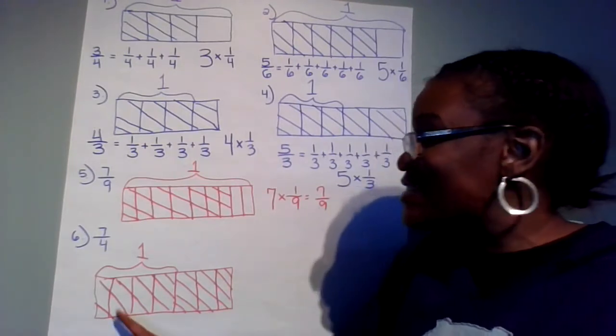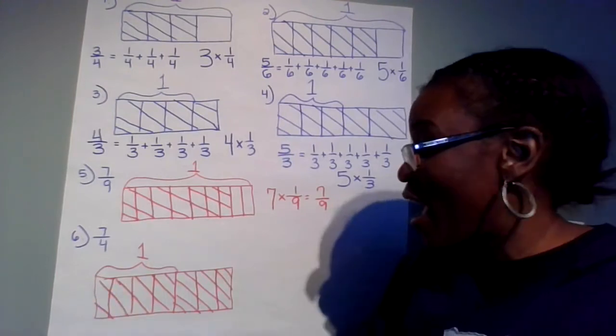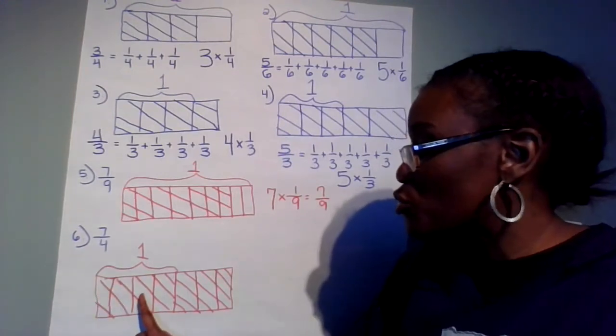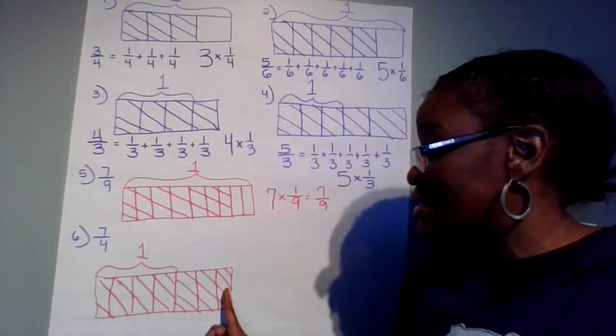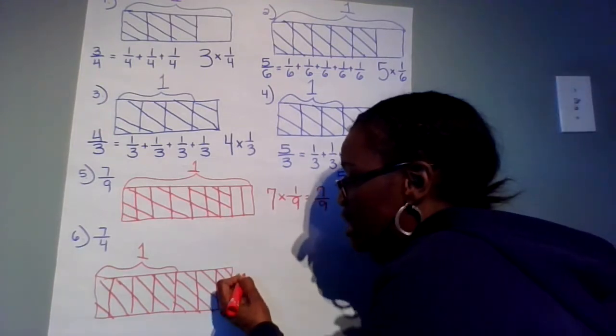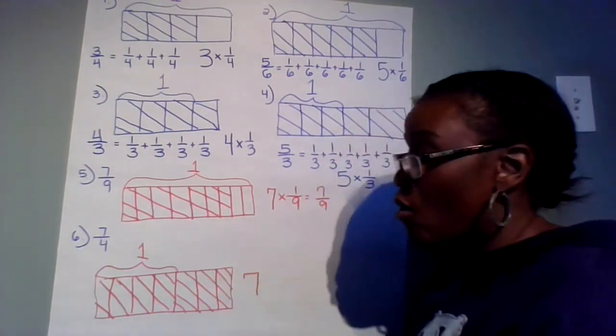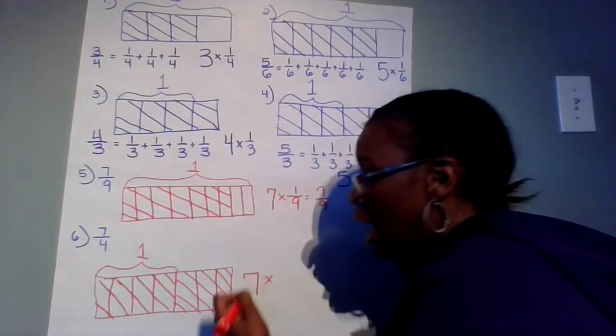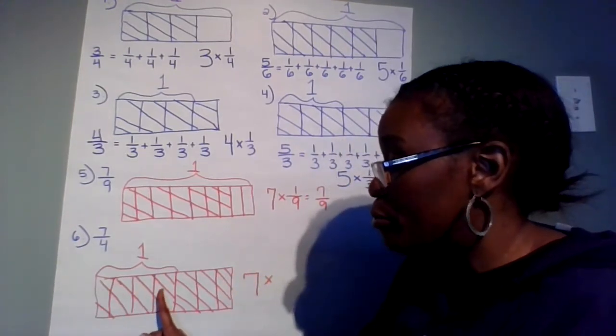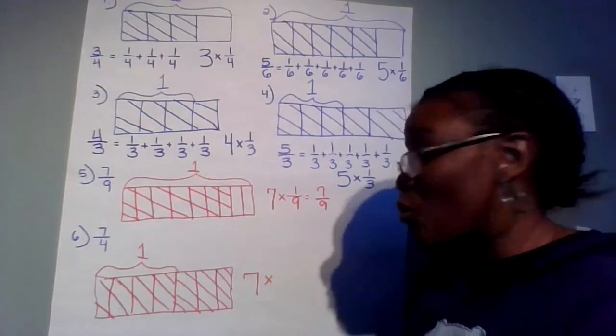Thank you. So let's count how many parts we have. 1, 2, 3, 4, 5, 6, 7 parts. So 7 is going to be our whole number. And what will 1 part be worth? That's right, 1/4.